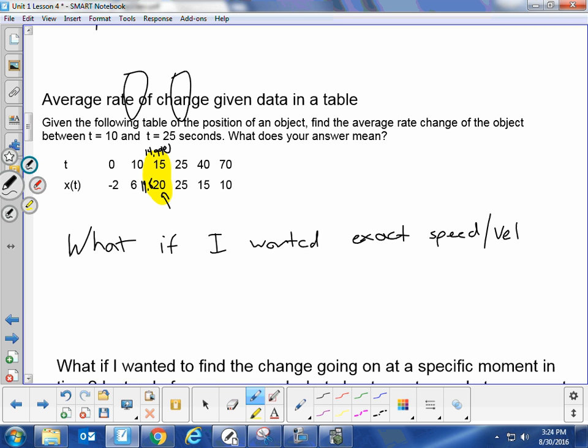Maybe I'm at 19.8. Maybe I need the 15.0001 second. And maybe if I find the average rate of change between those 2 positions, that is going to be such a small period of time that it's essentially going to give me a very, very accurate estimation of how fast I'm moving at this moment, right? That's a good idea. Well, to do that, we need more information.